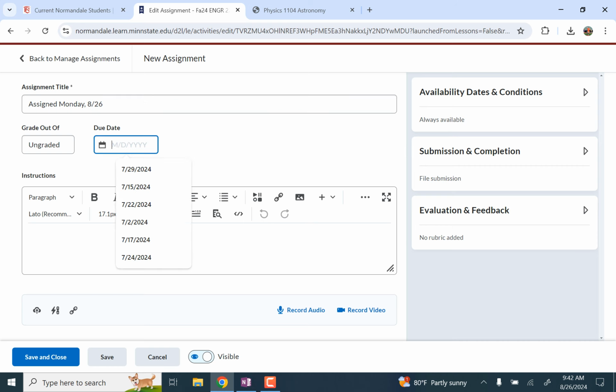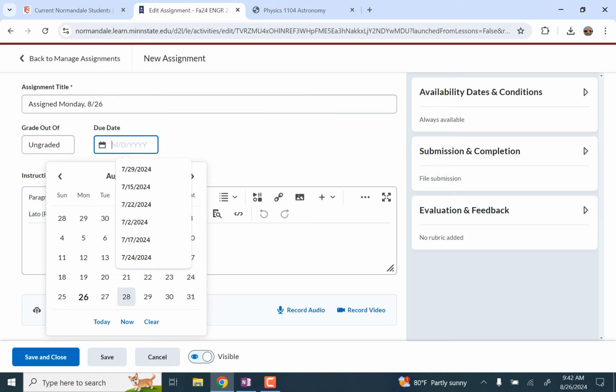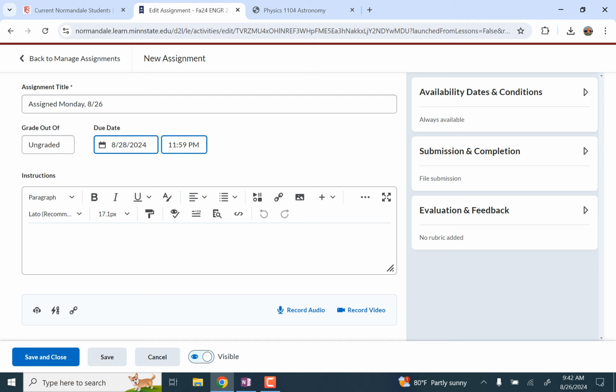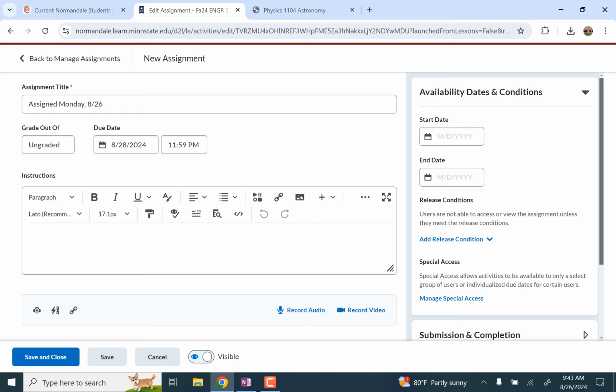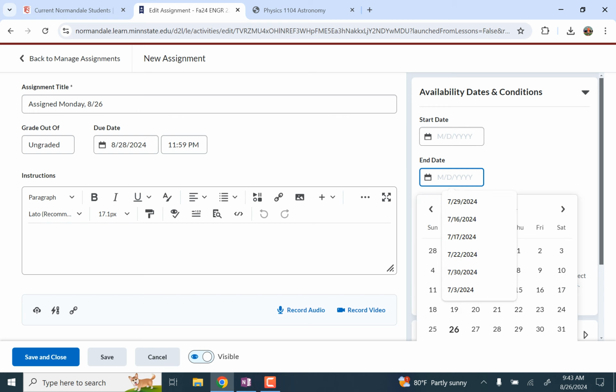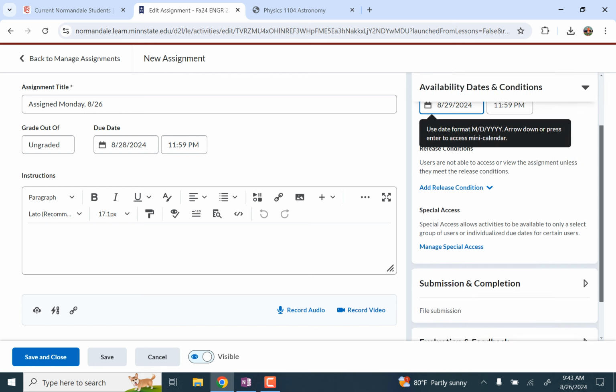And the due date is going to be Wednesday. The due date is always going to go up until midnight of the day that it's due. If you can do it before class, that would be helpful for you, I think. But you always have until midnight. The end date is always going to be 1 day later than that, at midnight, 24 hours later.